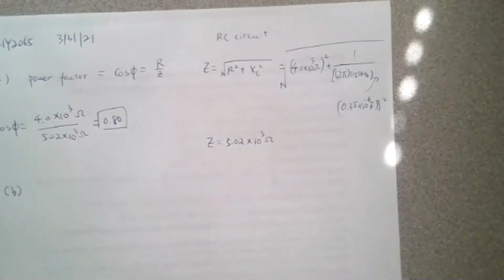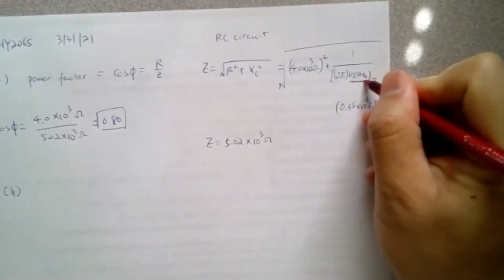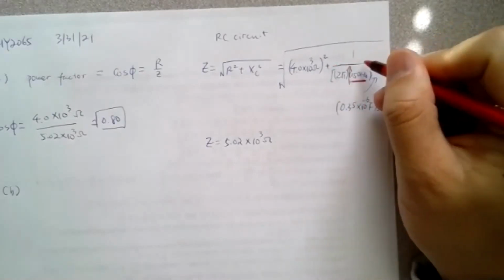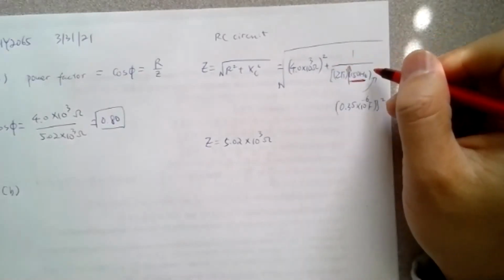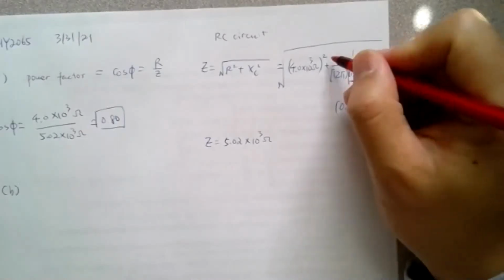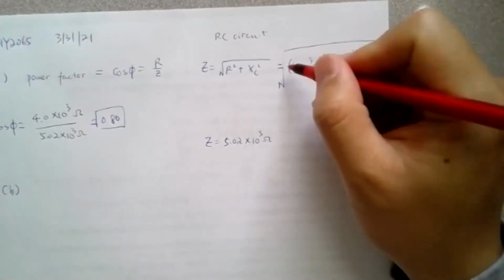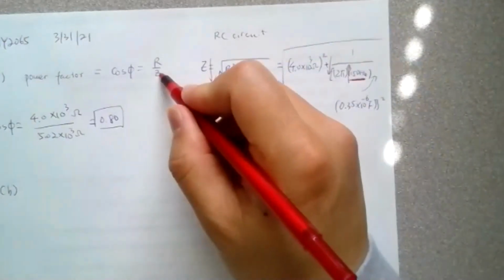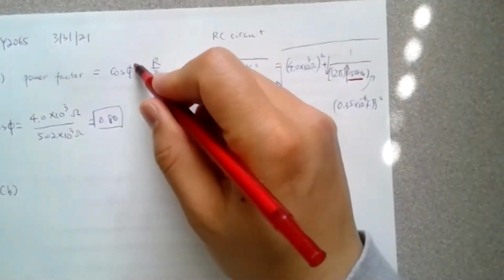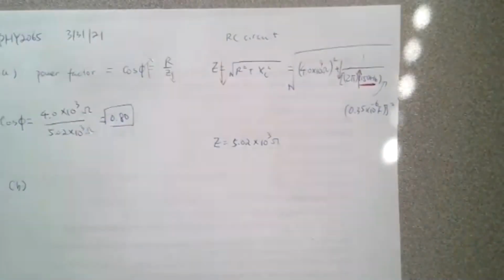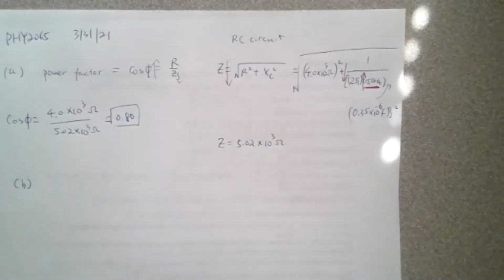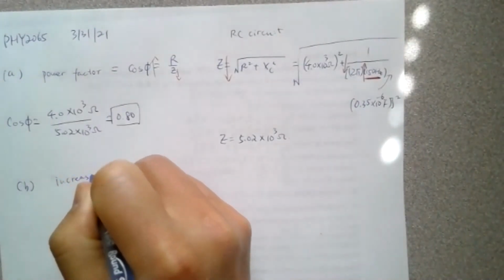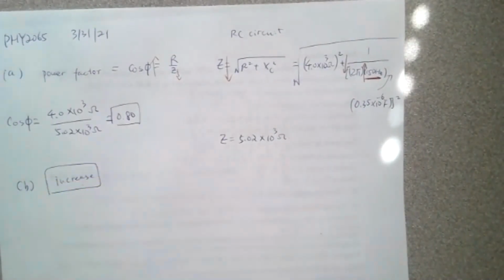If your frequency increases, then the 1 over omega C term, after you square it in the denominator, will decrease. So the overall Z will decrease. If your Z decreases and R is the same, the power factor will increase. So you can say your power factor will increase if the frequency increases.